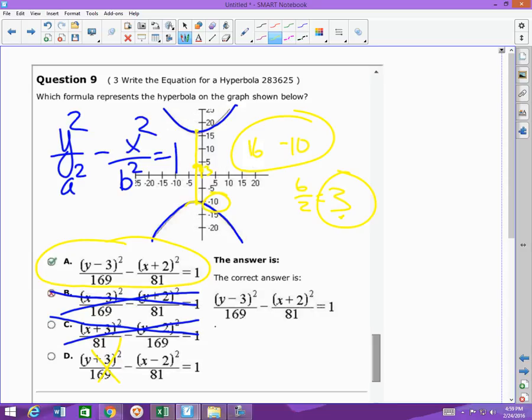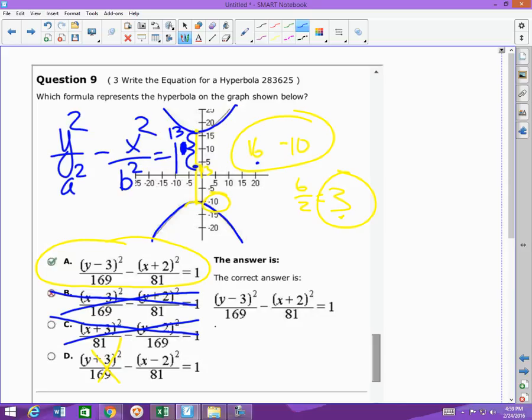Now, the other things you should know, to help you figure this out: since the center here is 3, this distance is 8. No, it's not 8. It's 13, because I can't add right at the moment. And why is it 13?